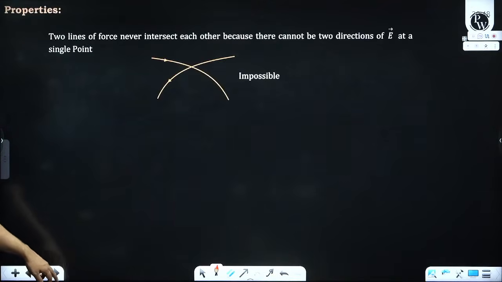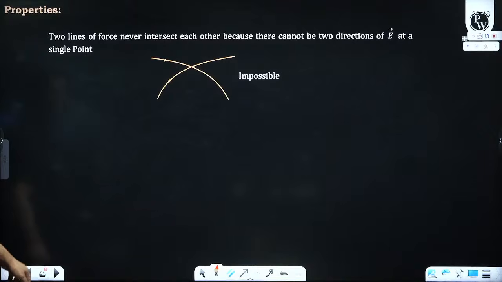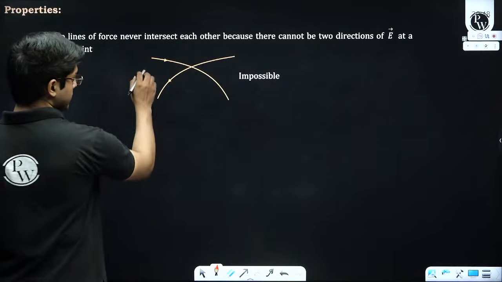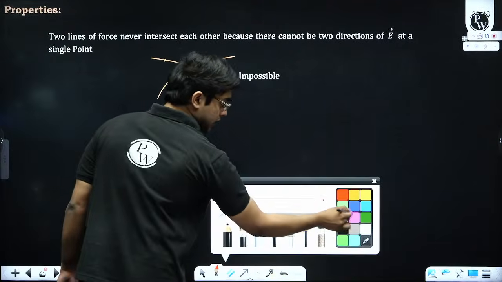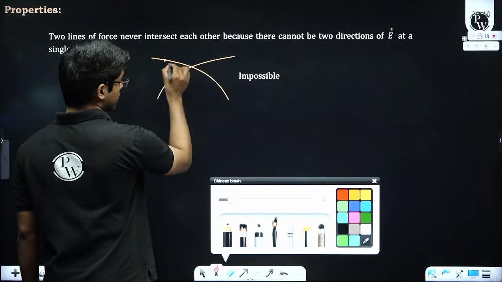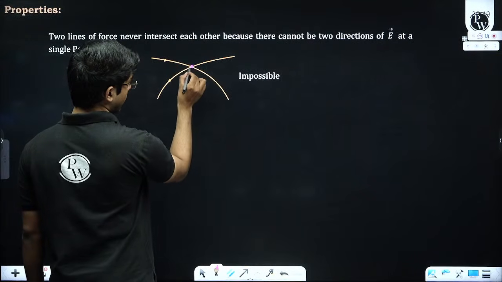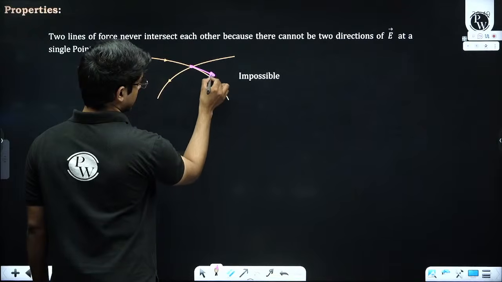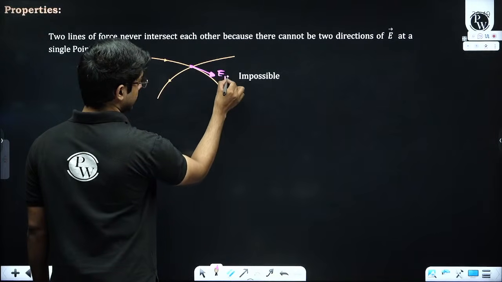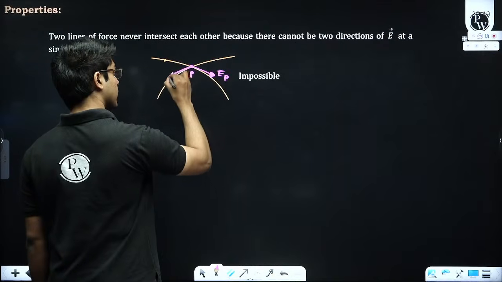Then there are a few more important facts. One fact is that any two field lines cannot intersect. This is just common sense, because if you look at line number 1 here and want to locate the field, you will draw a tangent. This is the electric field at point P. But on line 2, if you draw the tangent, it will be in this direction.